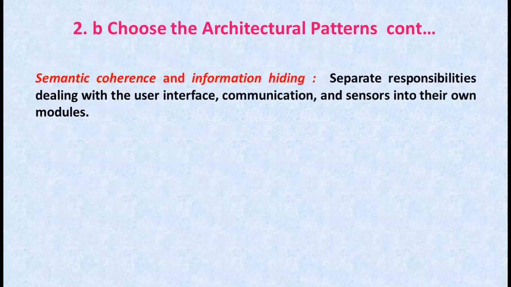So here separate responsibilities dealing with the user interfaces, communication and scenarios into their own modules. So here we call these modules virtual machines, and we expect that all three are to vary because they are differing products that will be delivered from the architecture. So we need to separate the responsibilities associated with the diagnosis as well.